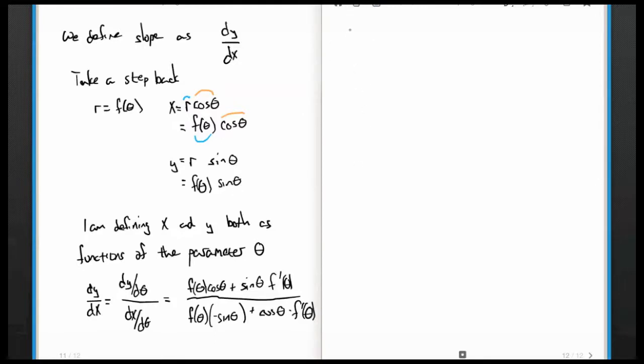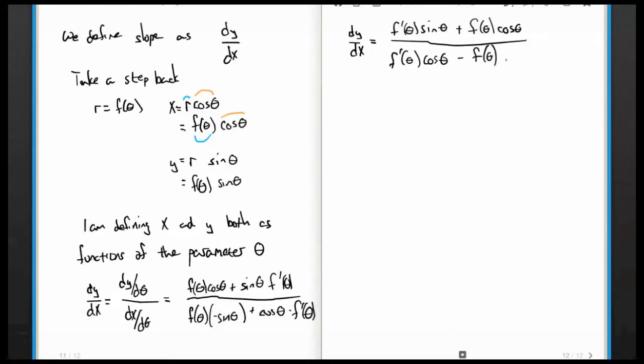So the formula that you might want to use looks like this: dy/dx equals f prime theta sine theta plus f of theta cosine of theta, divided by, ooh, that was horrible, f prime theta cosine theta minus f of theta sine theta.